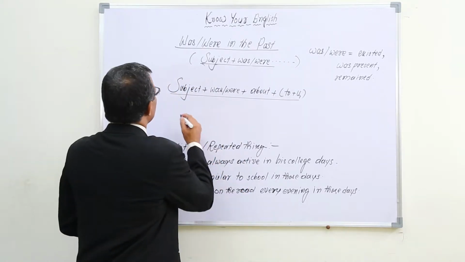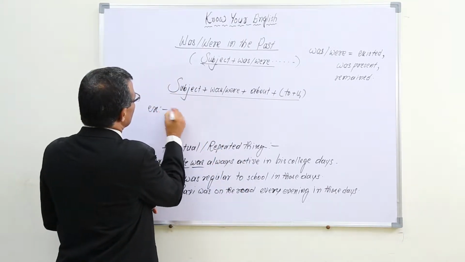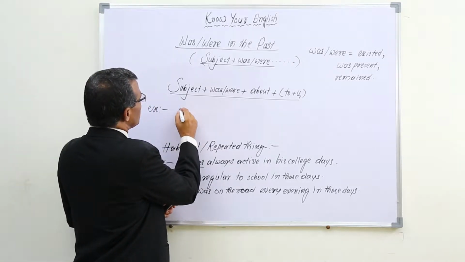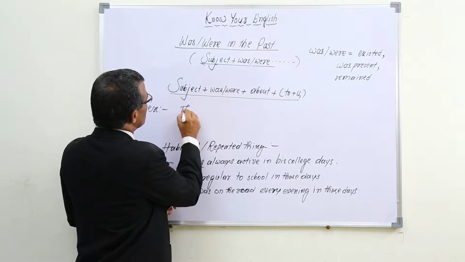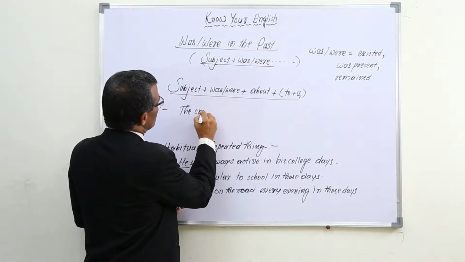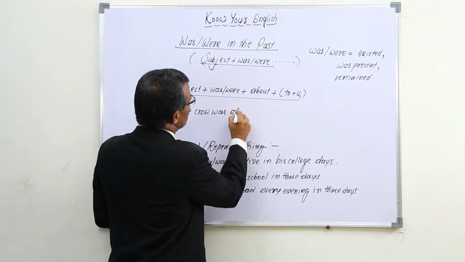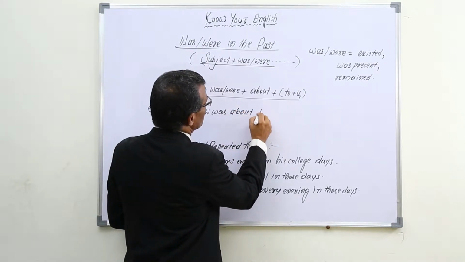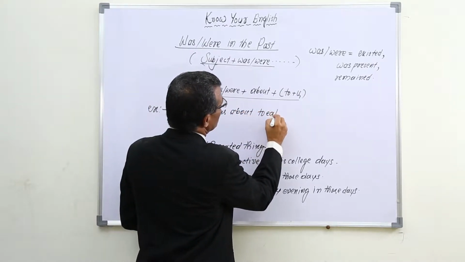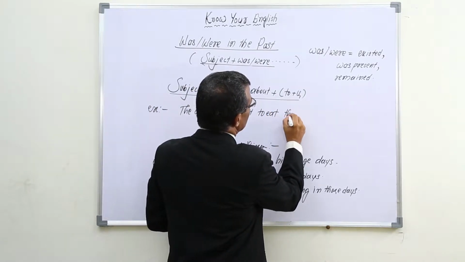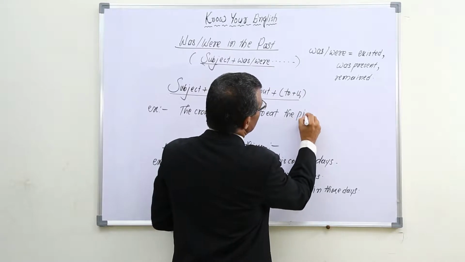For example, the crow was about to eat the piece of meat.